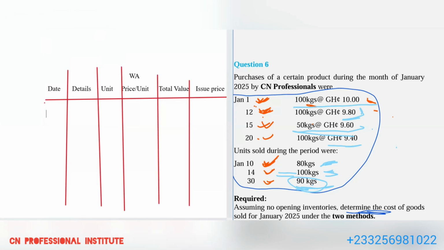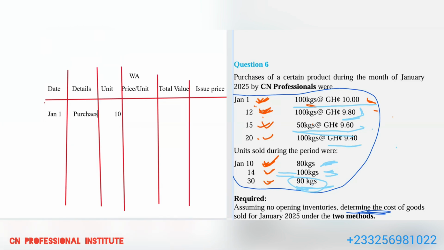Okay, so let's continue. Our first date is January 1st, right? We purchase how many units? 100 kg. Unit price is 10 cedis. Sorry, the details. The details is purchases.